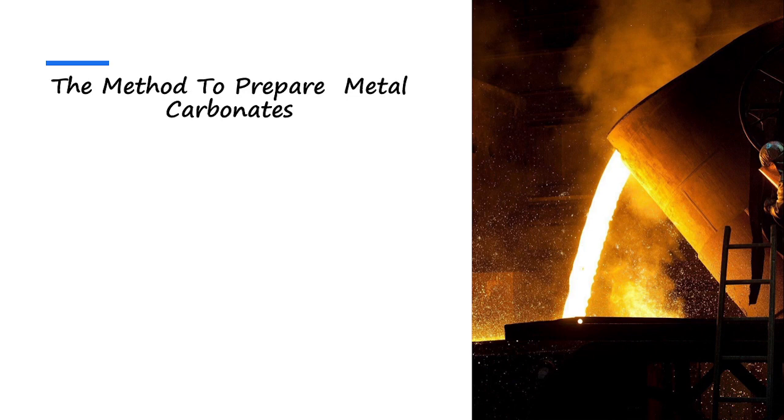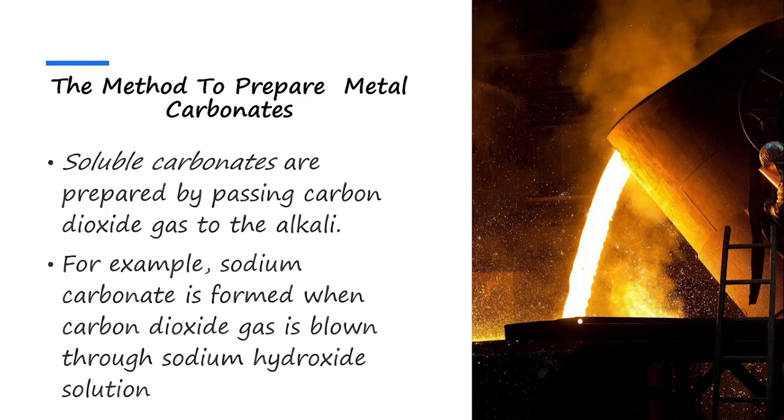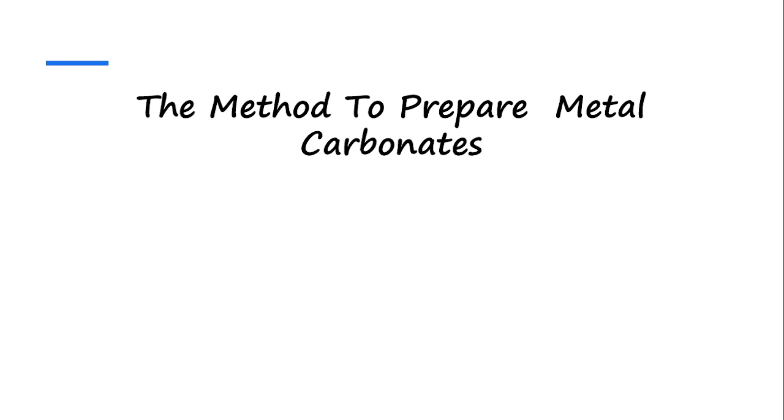Now the method to prepare the metal carbonates. The soluble carbonates we've seen are prepared by passing carbon dioxide gas into the alkali. For example, sodium carbonate is formed when carbon dioxide gas is blown through the sodium hydroxide solution.